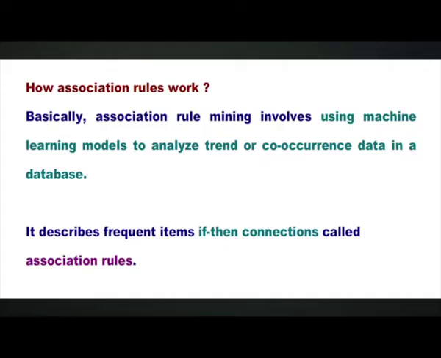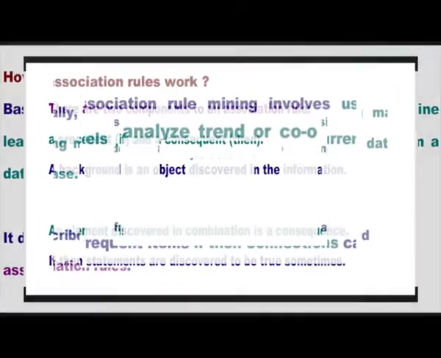How do association rules work? This is the question in many of our minds. Here is the answer for it. Basically, association rule mining involves using machine learning models to analyze trends or co-occurrence data in a database. It describes frequent if-then connections called association rules.